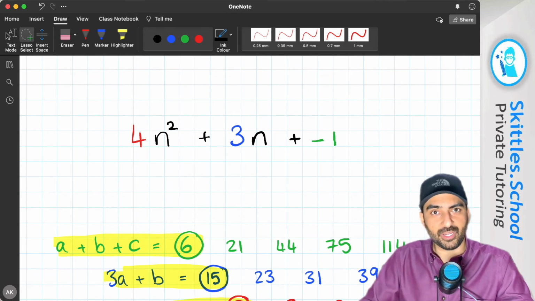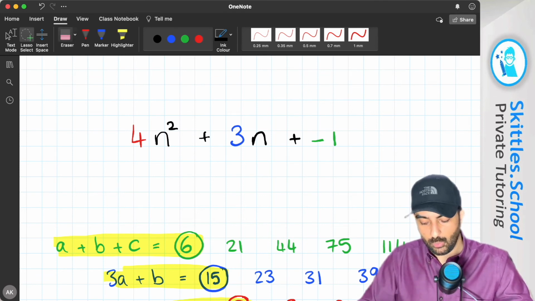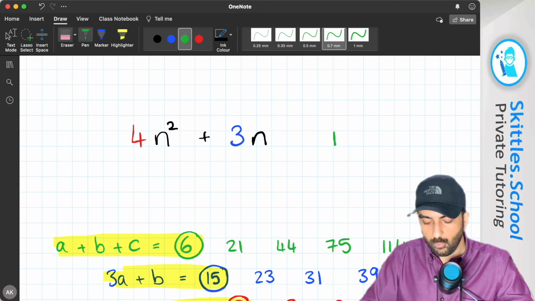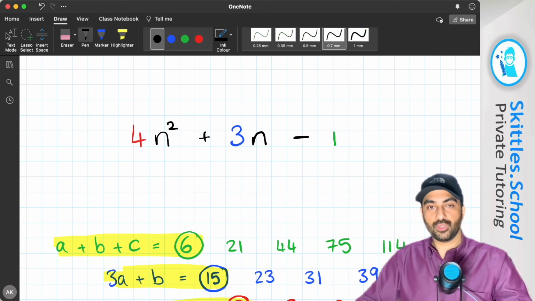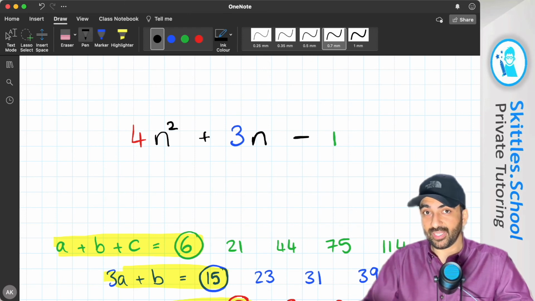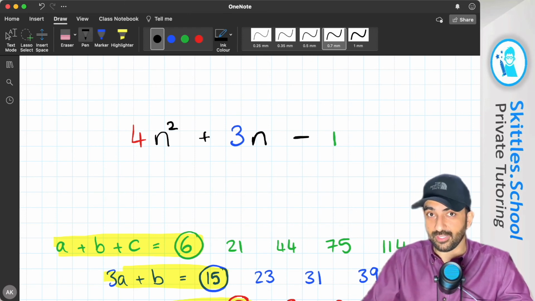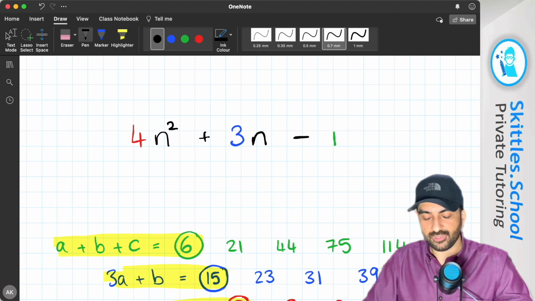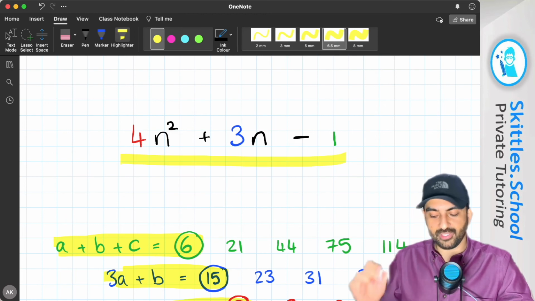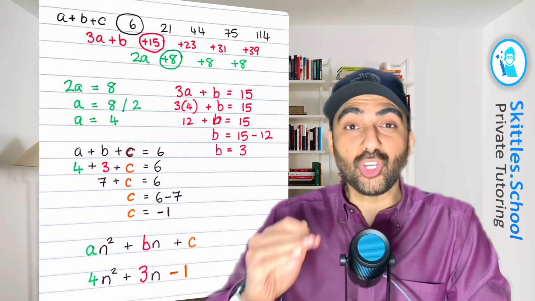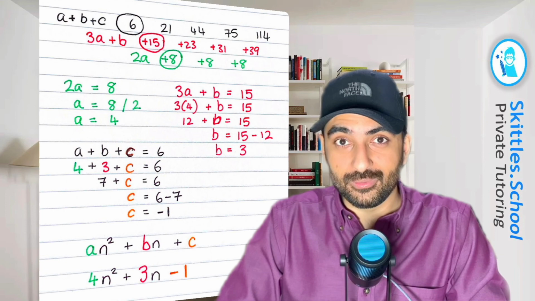If a plus and a minus is standing next to each other, we replace it with just a minus. So we've worked out the expression in terms of n for this quadratic sequence. It's 4n squared plus 3n minus 1. And that's our answer. It really is just that simple.